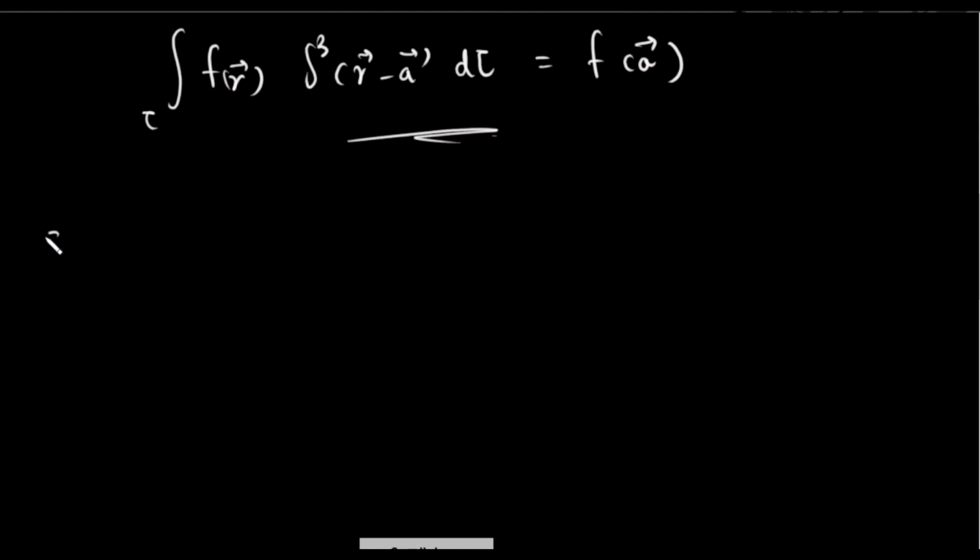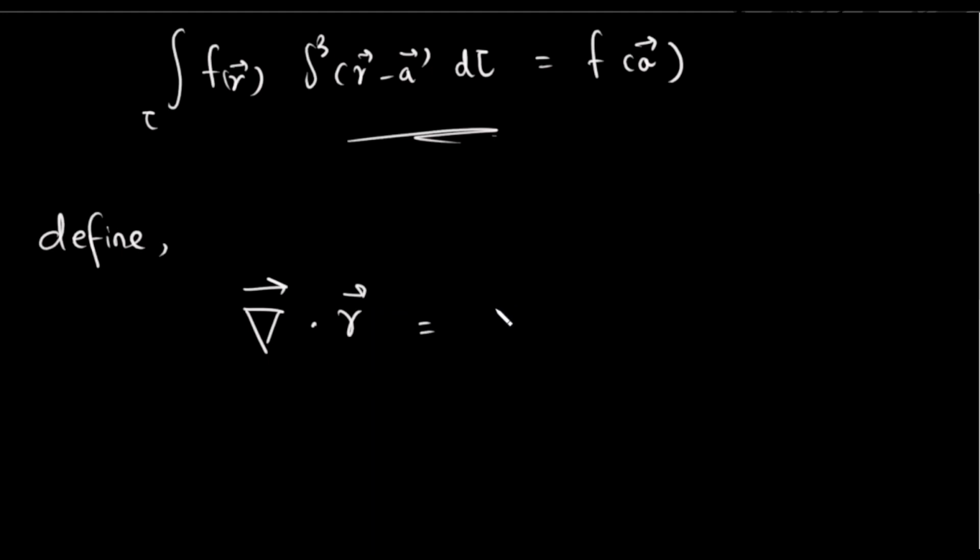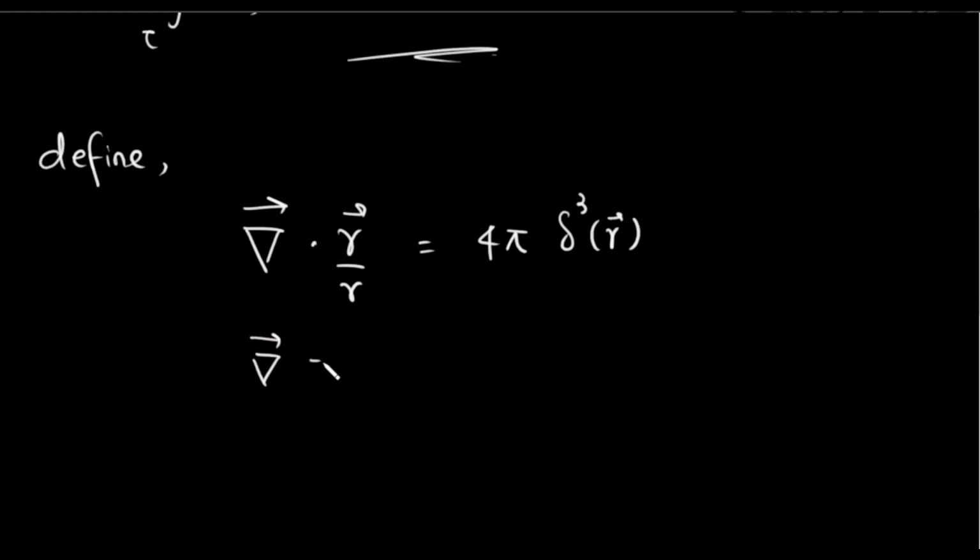And there is another definition for you. If you are going to find the divergence of r hat divided by r squared, this r represents the magnitude of the r vector, and we can see that this equals 4 pi delta cube (r), the 3D delta function actually.